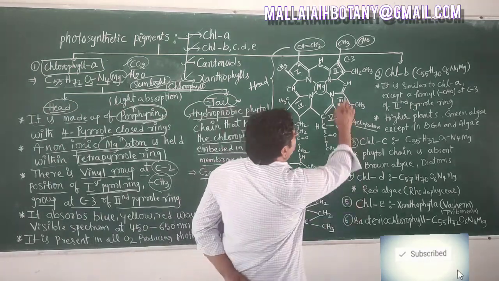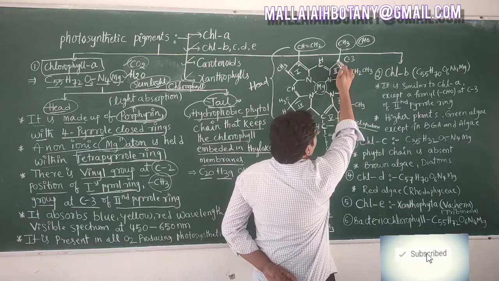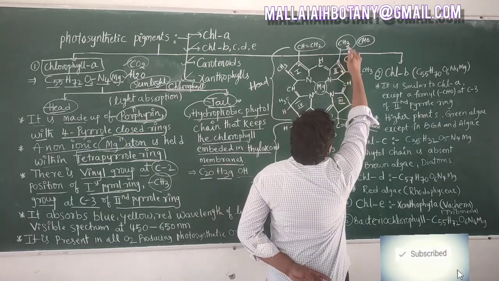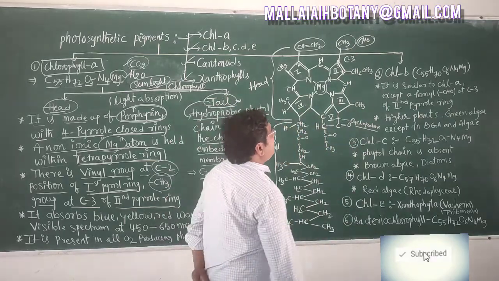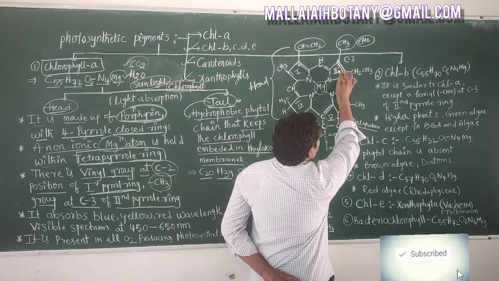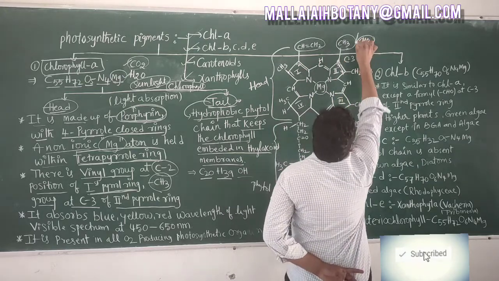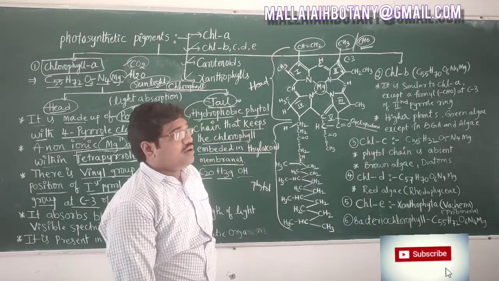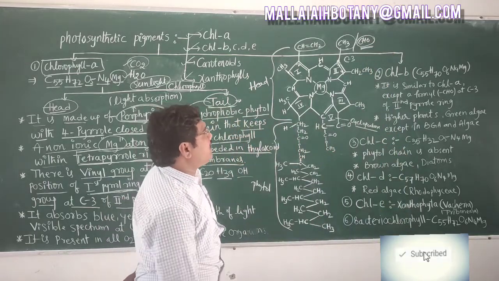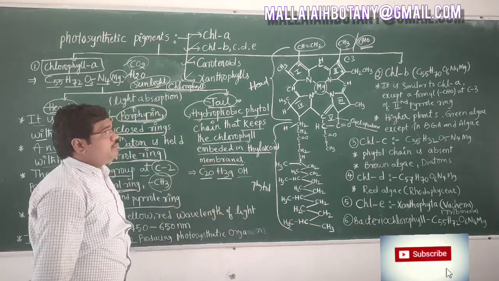At the second pyrrole ring, at the carbon 3 position, if it contains a methyl group, that is chlorophyll A. Again, at the second pyrrole ring, at carbon 3, if it contains an acetaldehyde group, that is chlorophyll B. So this is the main difference between chlorophyll A and chlorophyll B.